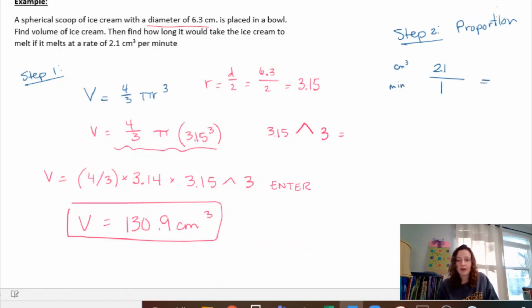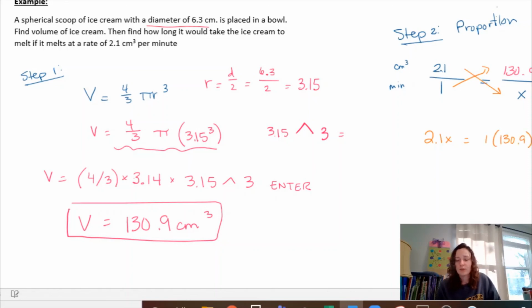Then I want to know that if my volume is 130.9 centimeters cubed, how many minutes will that take to melt? So I've now set up my proportion, and to solve a proportion, remember you have to cross multiply. So you can multiply 2.1 times x, which is 2.1x, and set that equal to 1 times 130 and 9/10.